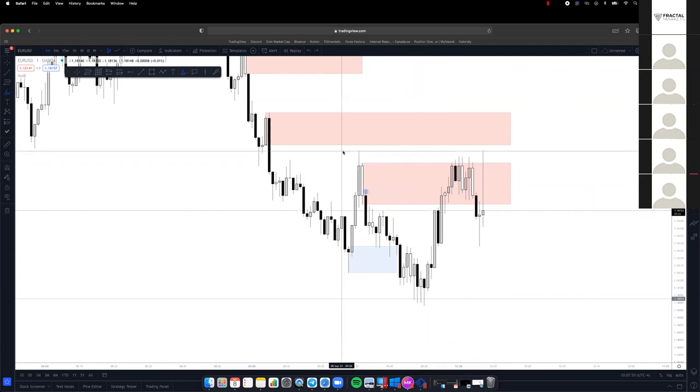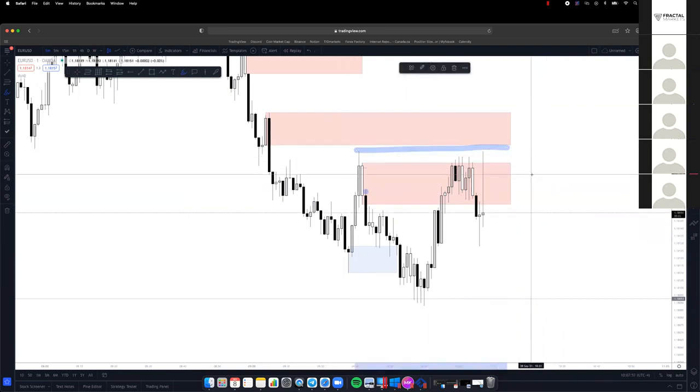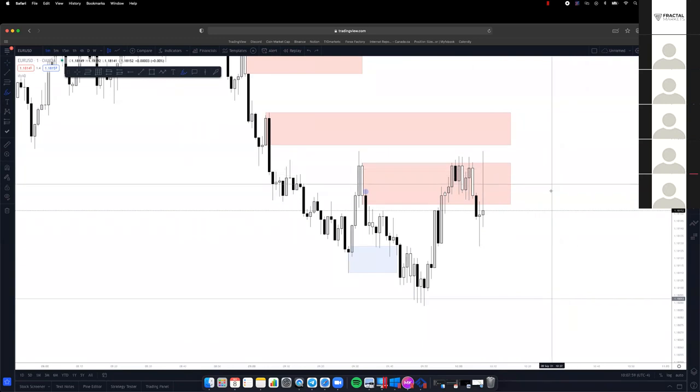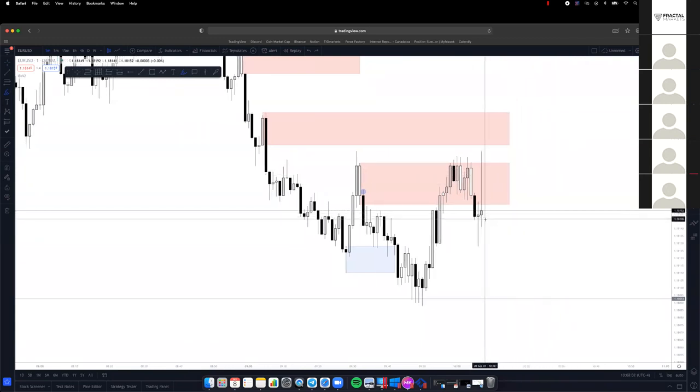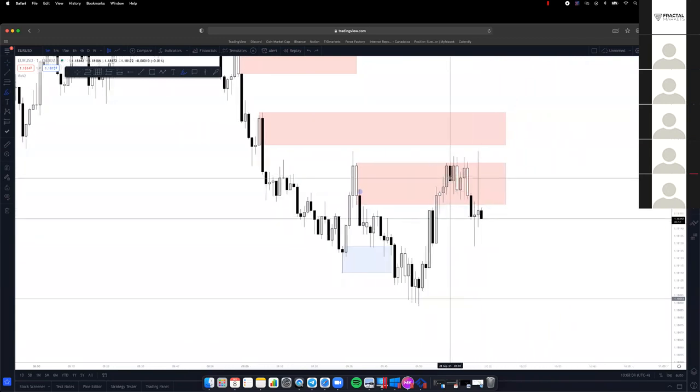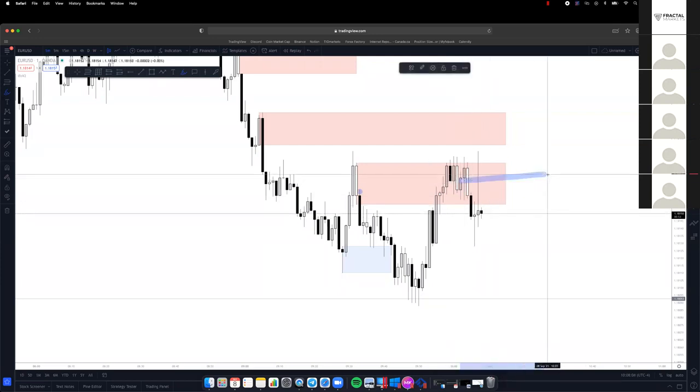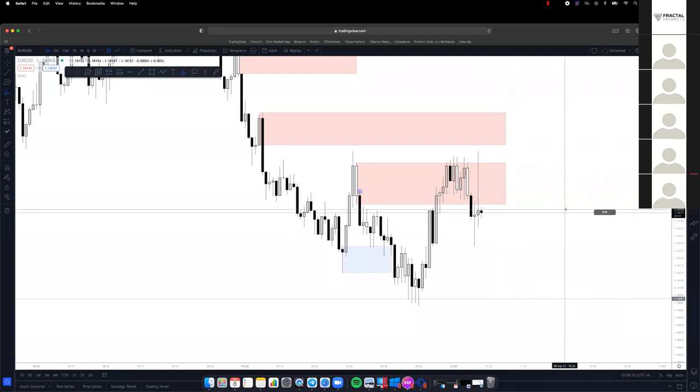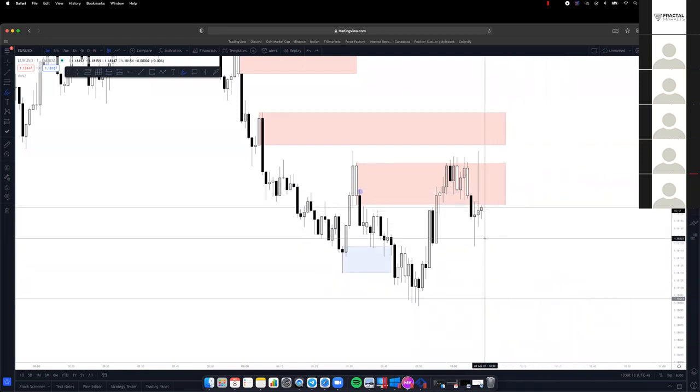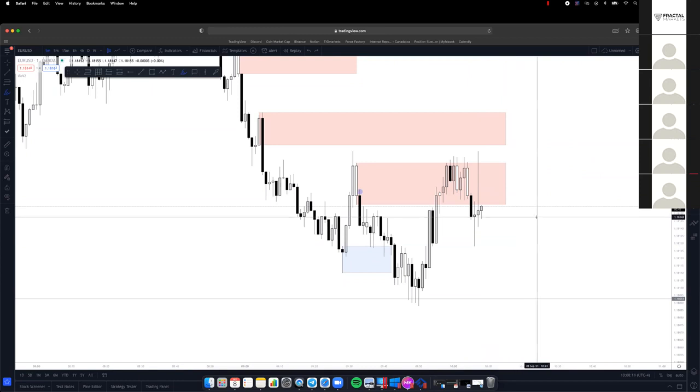If you would have kept your stop loss just above here, you'd still be fine if you accounted for that wick. At this point, if you're nervous about this, just move to break even and forget about it, right? Don't be caught taking unnecessary L's because your ego gets the best of you.